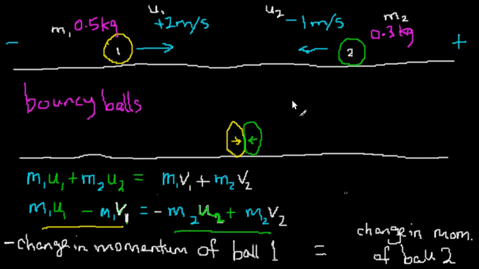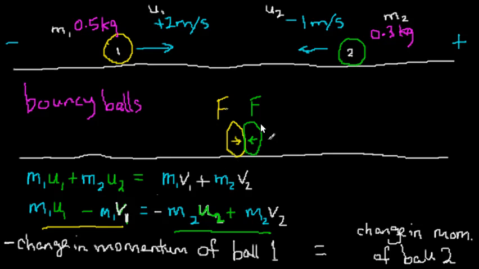Okay, now force and momentum. Let's see. I have the green ball pushes with a certain force, and the yellow ball pushes with a certain force. And they are equal and opposite.